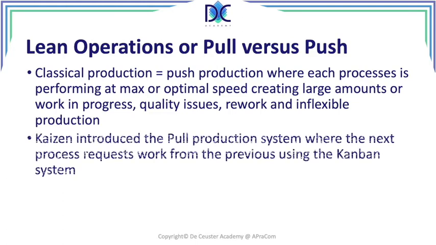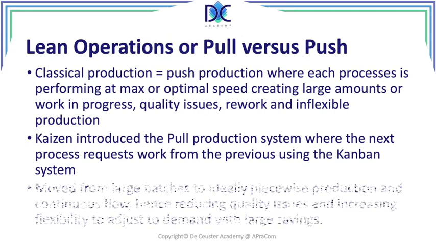When you look at the Kaizen method introduced by Toyota, they work with a pull production where the next process requests work from the previous using the Kanban system. Kanban are those boxes that move between the different parts in the process.